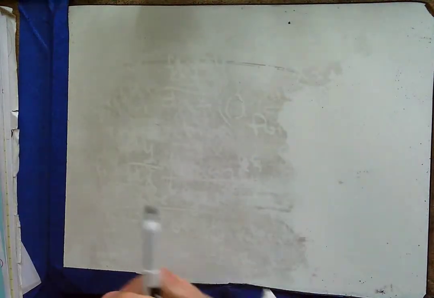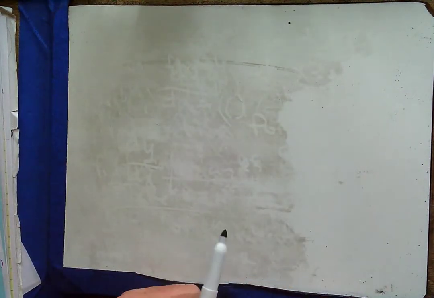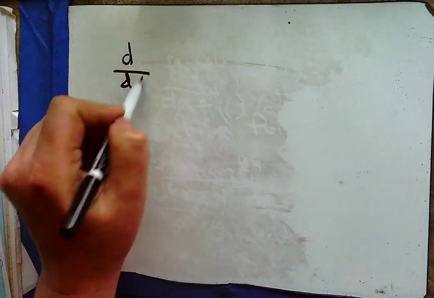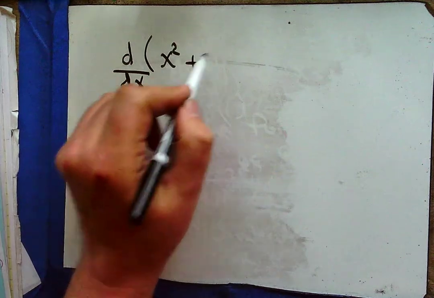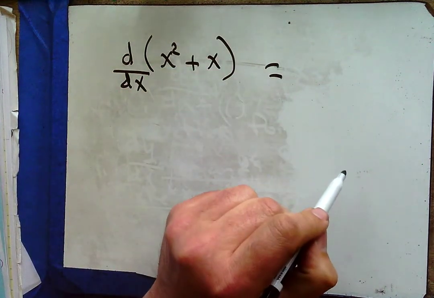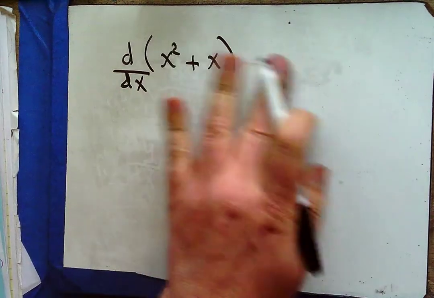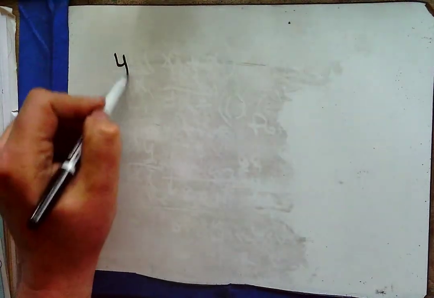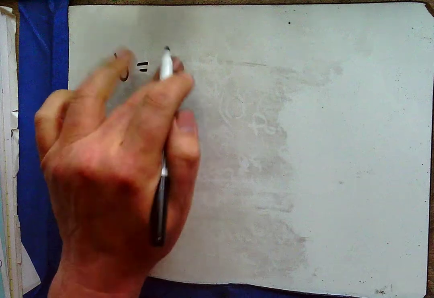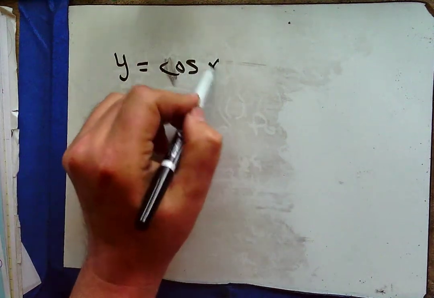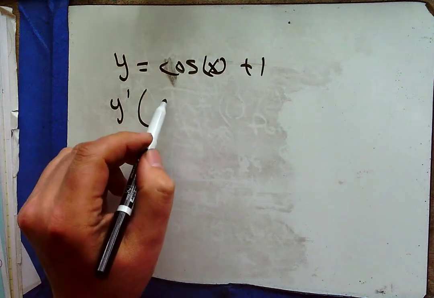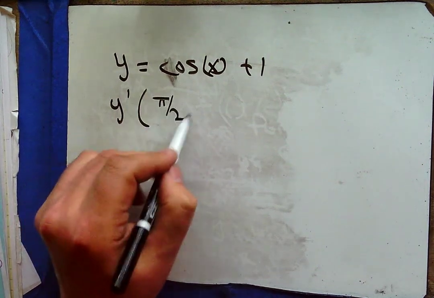Okay. Now, we're supposed to know how to do this stuff on our calculator. I want to say y equals, I remember doing this one with cosine x plus 1. And I want y prime of pi over 2.